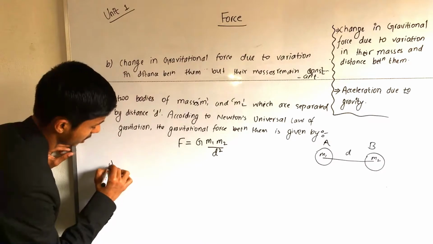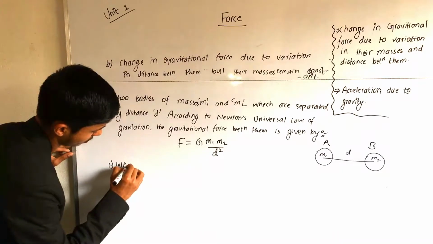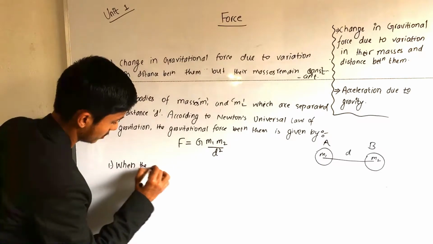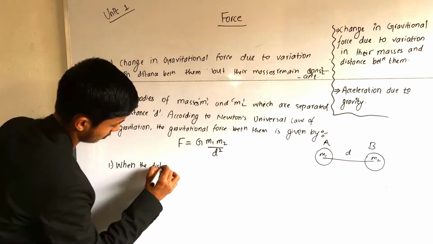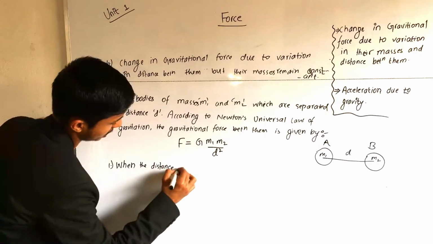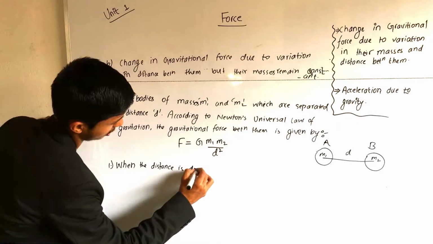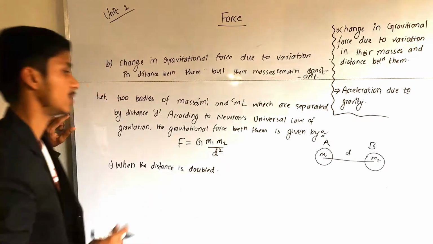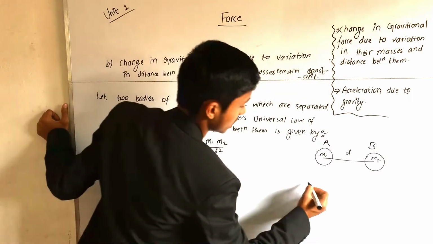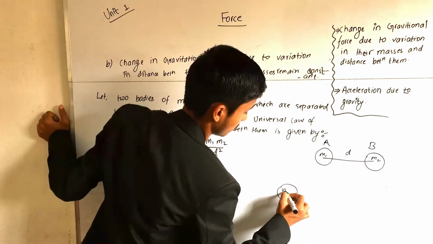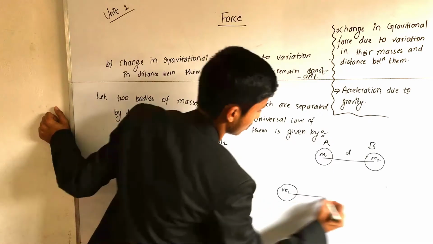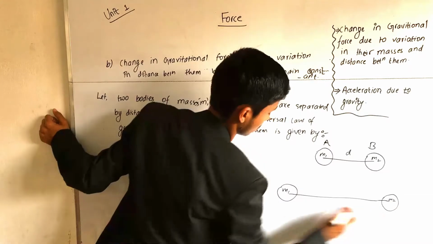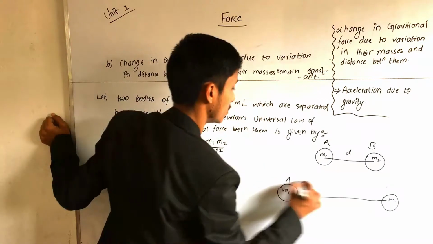That is, first case, when the distance between them is doubled, the distance between them, body A and body B.